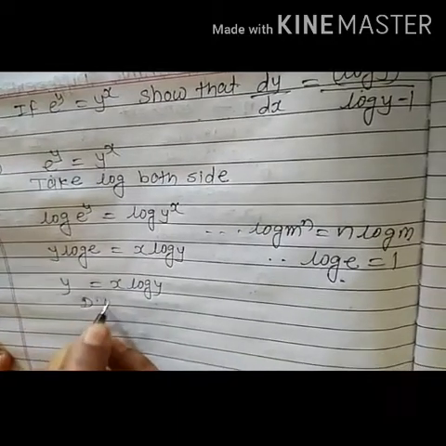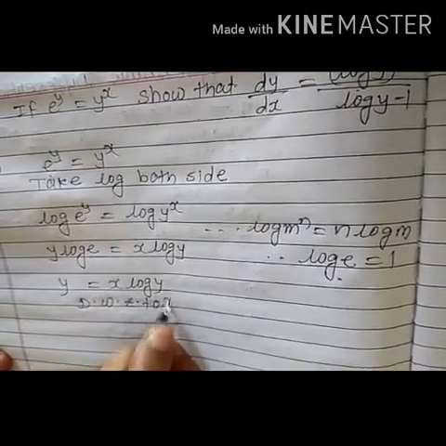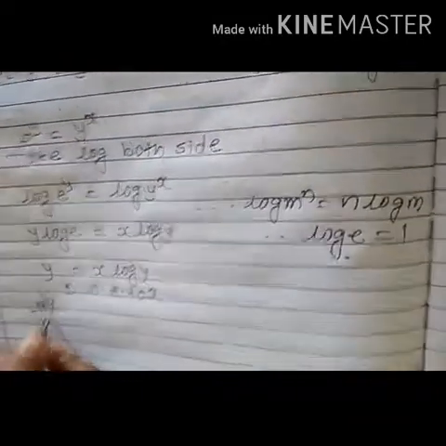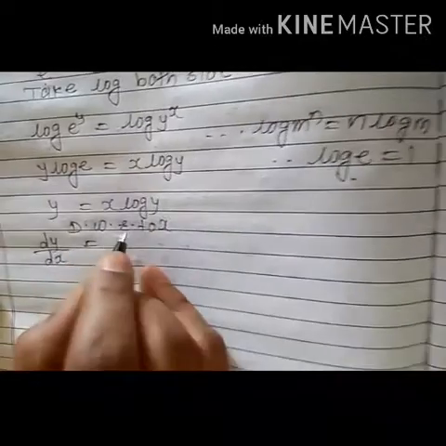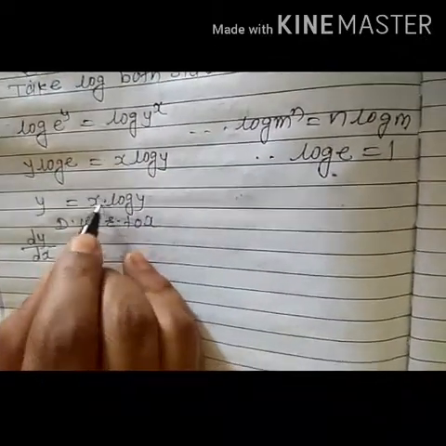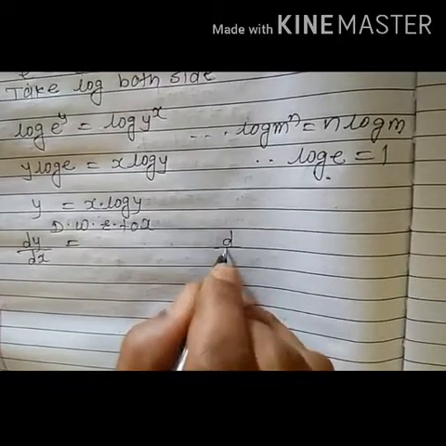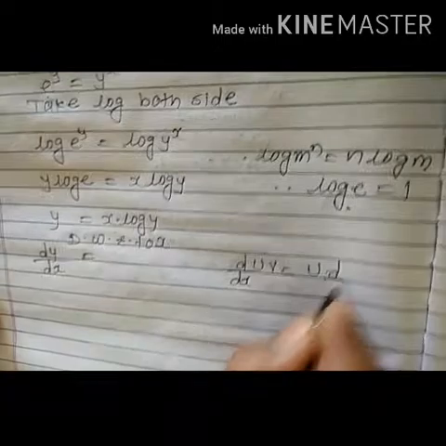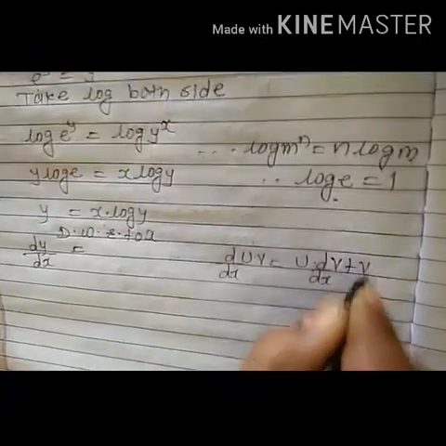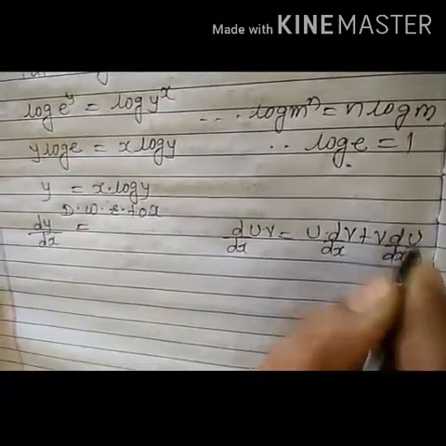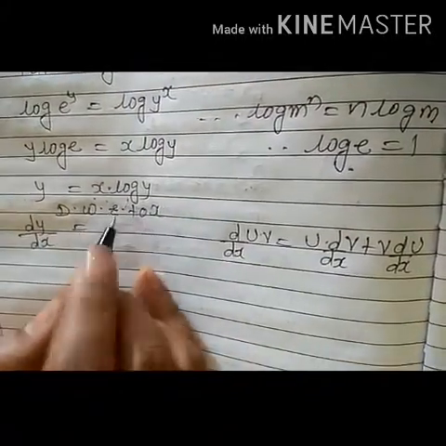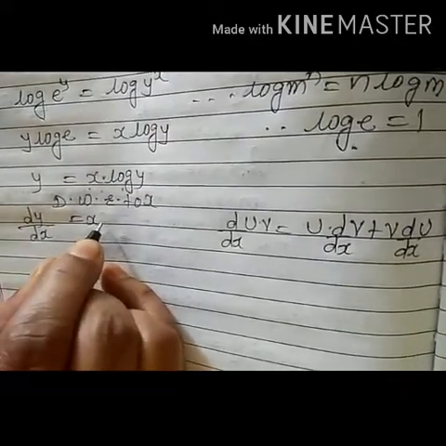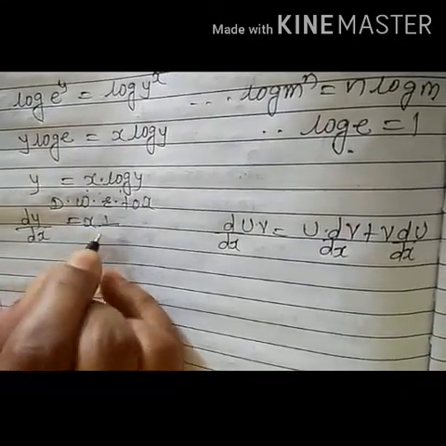Now differentiate with respect to x. Y's derivative dy by dx equal to x into log y. Here again using the u into v formula. We know that the formula of u into v is u derivative of v plus v derivative of u. U means here x and v means log y. U as it is, x as it is. Derivative of log y, log y's derivative, is again implicit form.